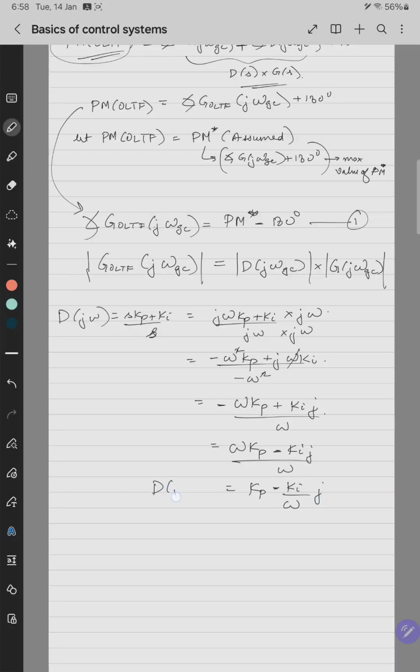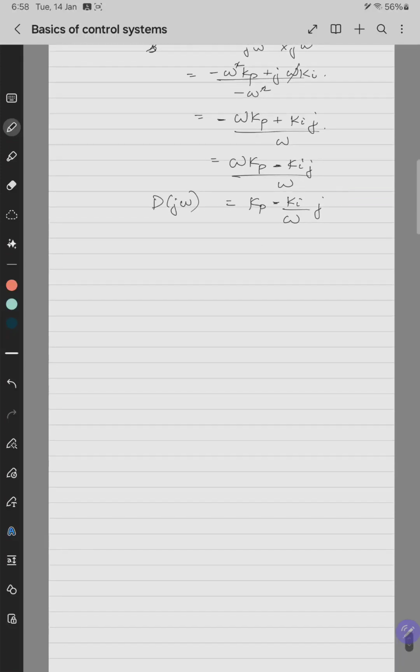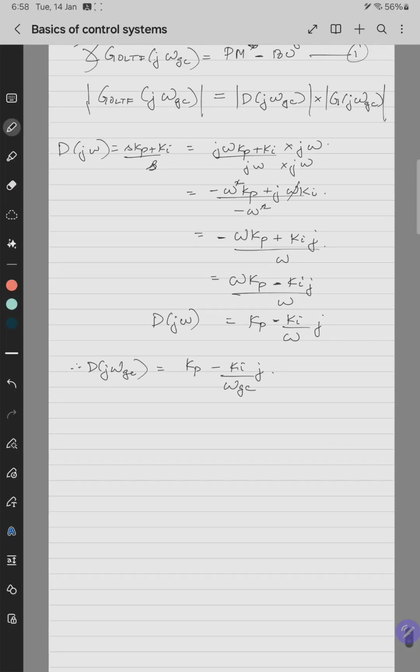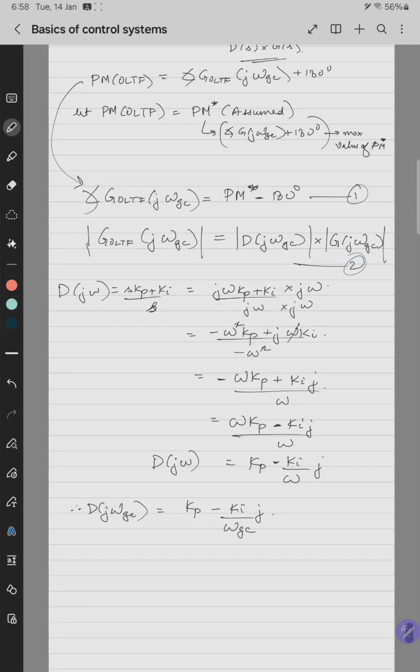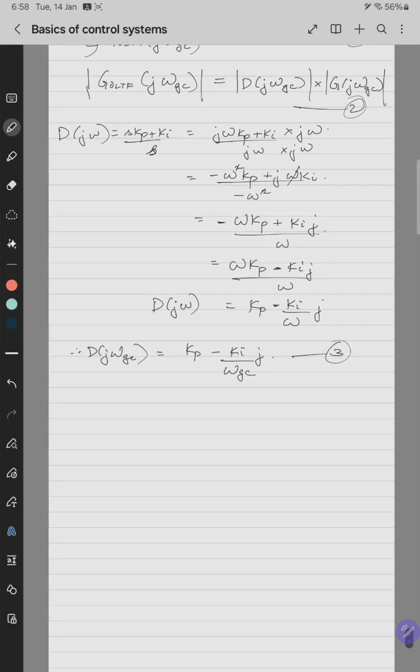This will be D of j omega. Therefore D of j omega gc will be kp minus ki by omega gc into j. This is equation 1, this is 2, and this is 3.